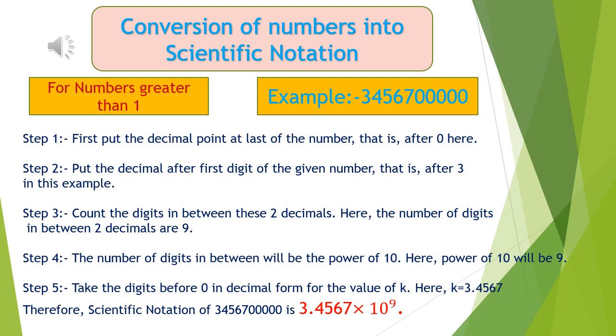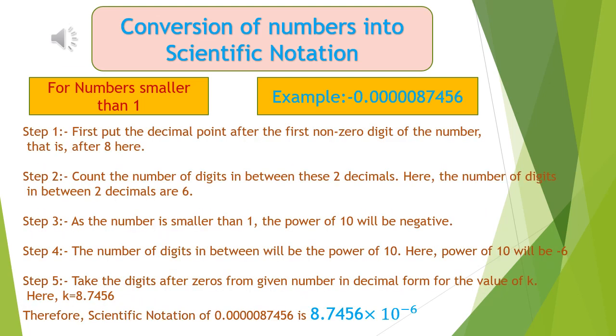So 3.4567. Stop here because after 7 there are only zeros. So you will write only the non-zero digits. So k will be 3.4567. Now the scientific notation of this given number is 3.4567 multiplied by 10 raised to the power 9.